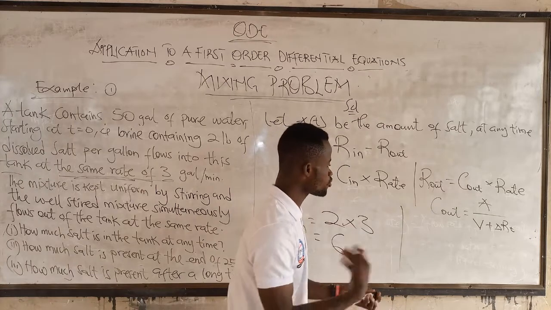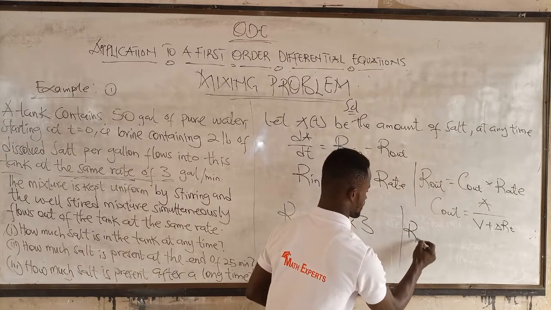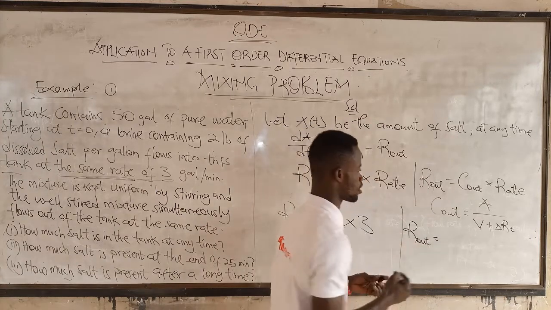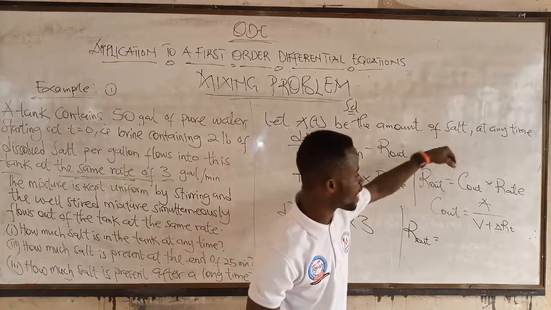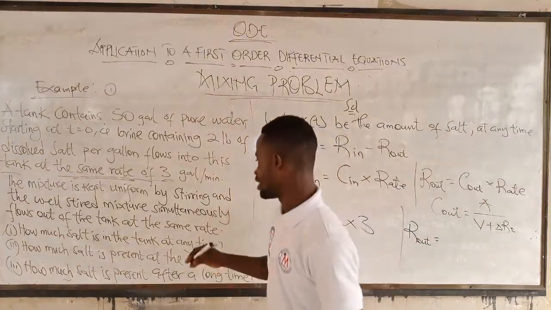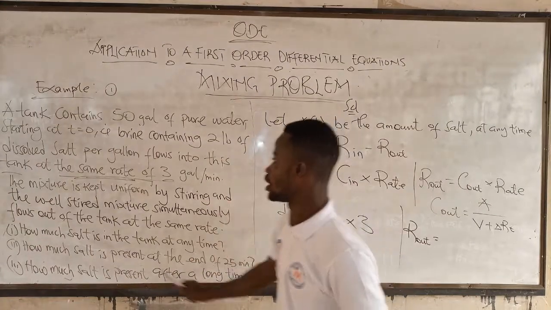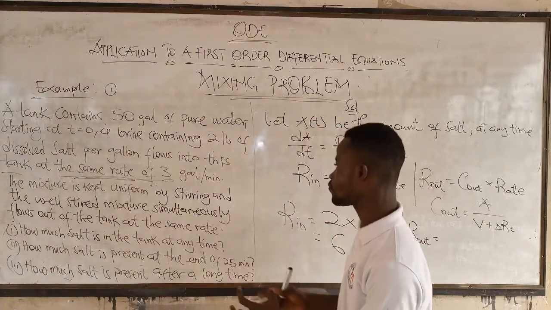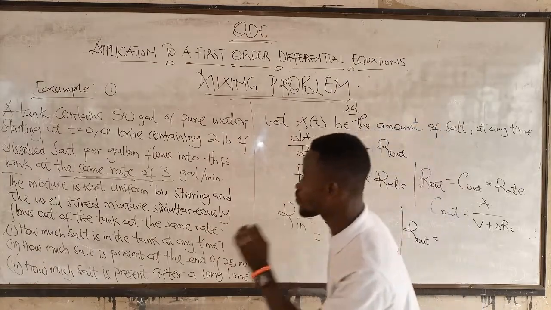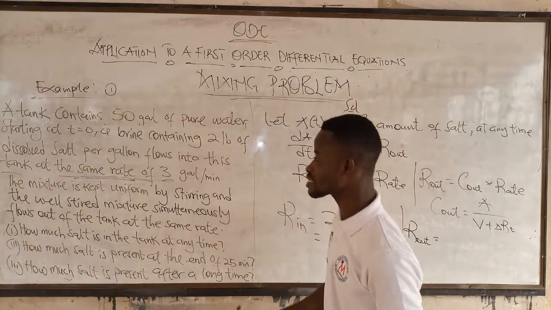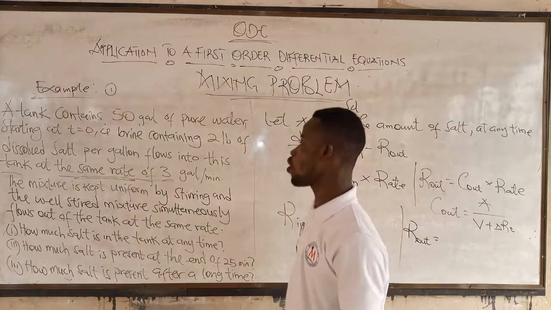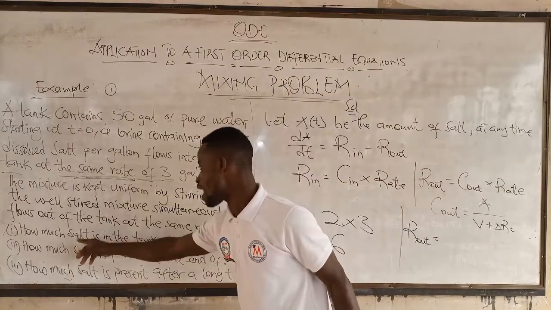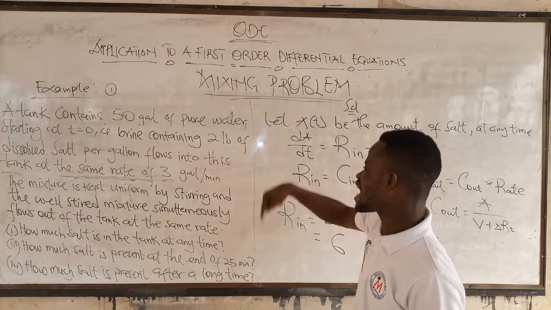So the outflow rate is going to be equal to the concentration out and the rate. Now, let's go to the outflow. The mixture is kept uniform by stirring, and the well-stirred mixture simultaneously flows out of the tank at the same rate.